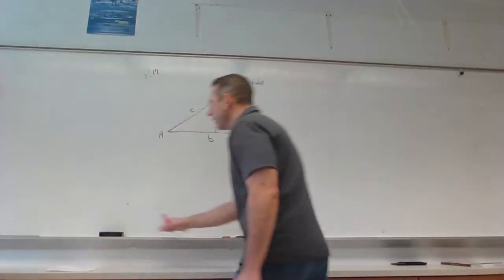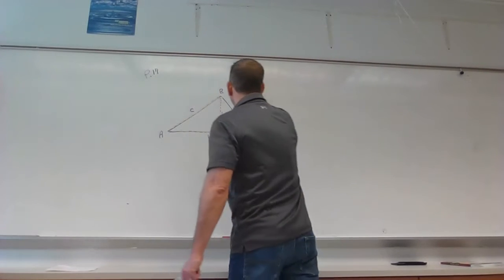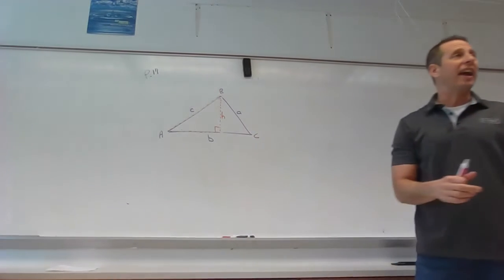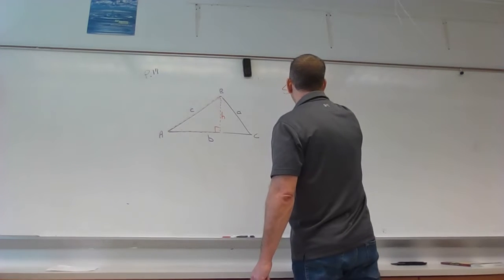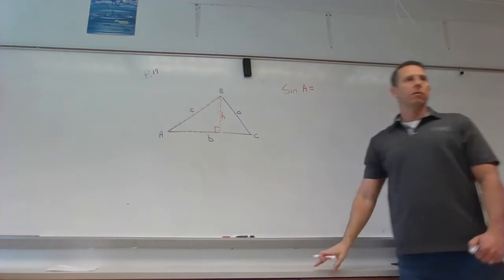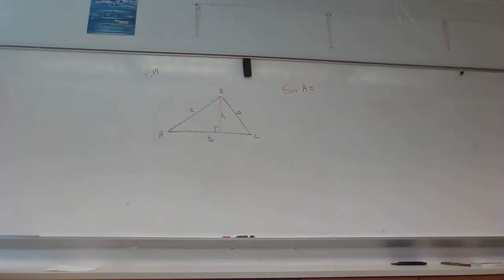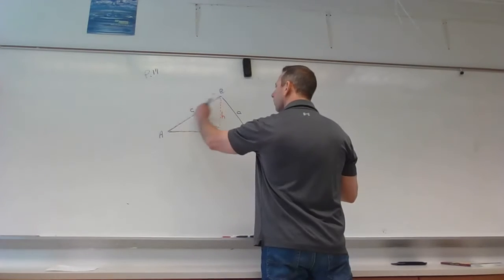Now, in this diagram, similar to what we just did to find H, what would the sine of angle A be? It's H over C. Here's our right triangle.